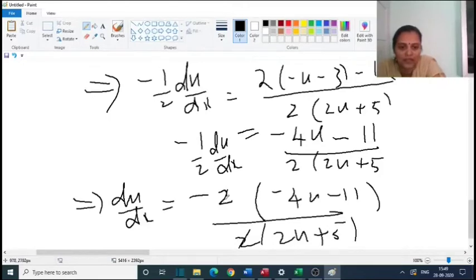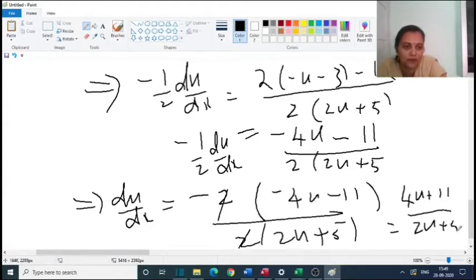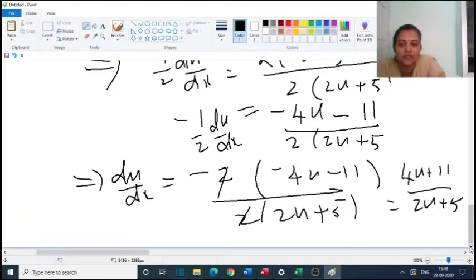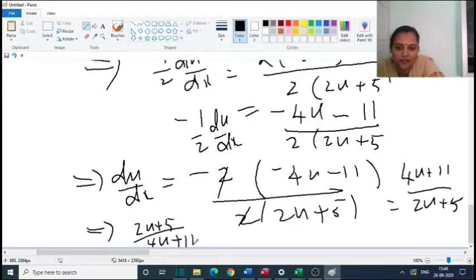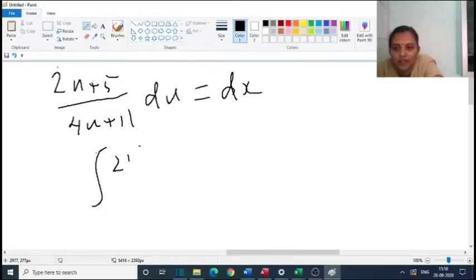The 2 cancels, and the minus signs cancel, giving (4u plus 11) by (2u plus 5). This implies (2u plus 5) by (4u plus 11) du equals dx. This is in variable separable form. We can integrate both sides to get the solution.